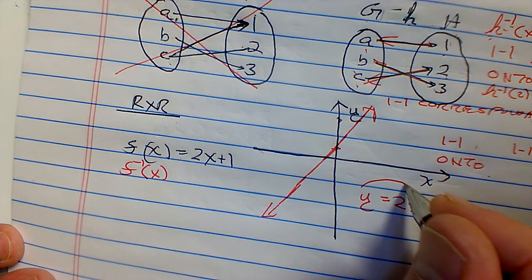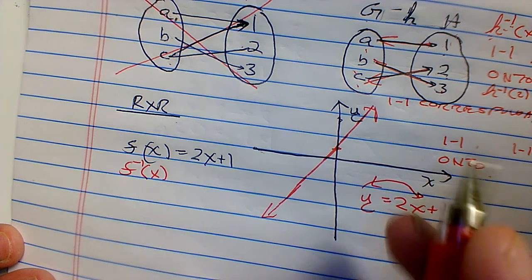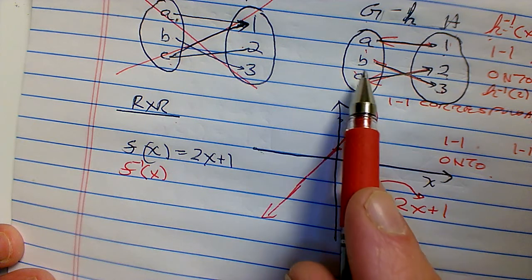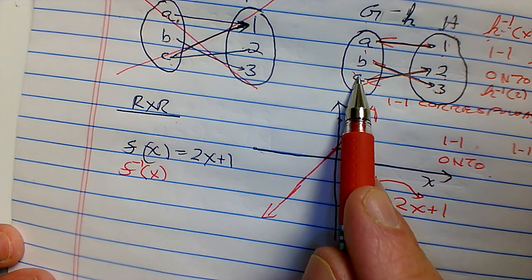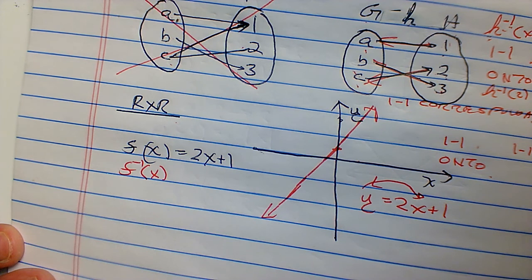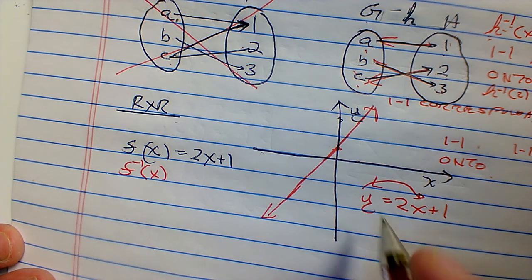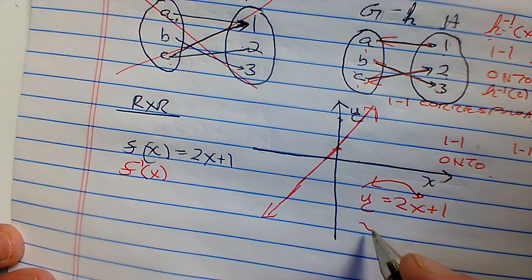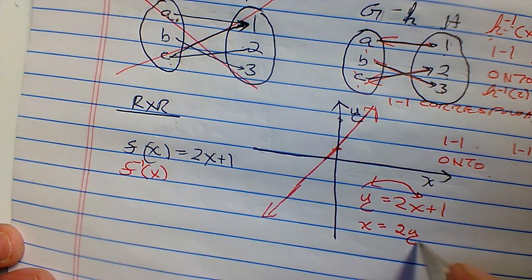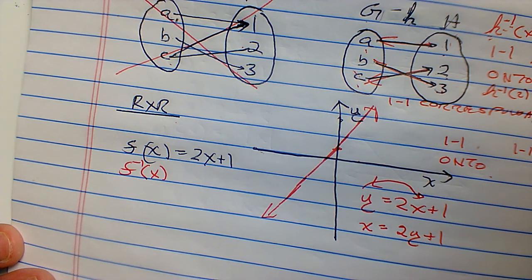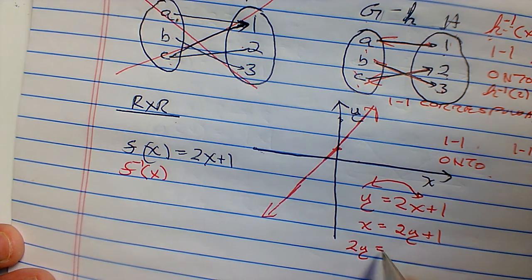One of the things we can do, and that we did up here, is switch the domain and codomain, making this the domain and this the codomain. We just switched it the other direction. So let me switch the domain and codomain around by interchanging the x and the y values. And then I'll solve it for y.